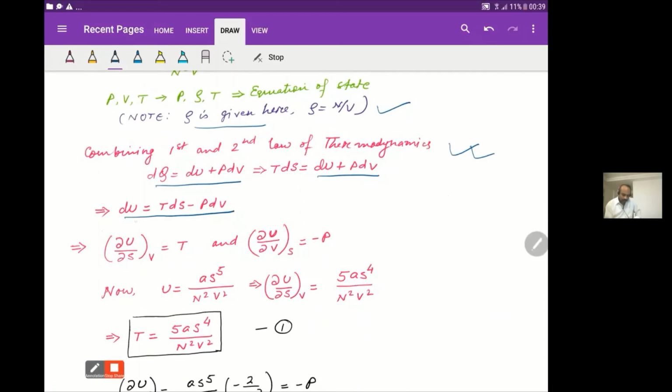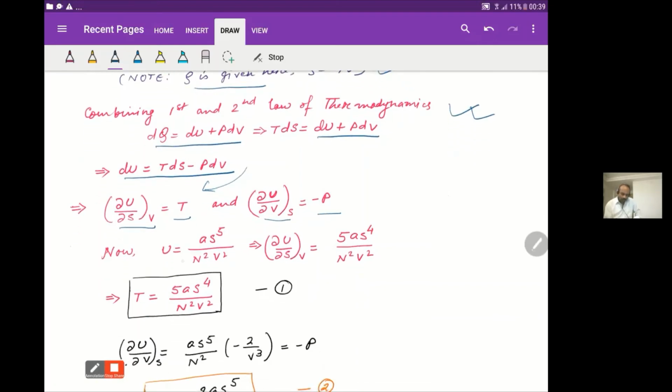Now taking the derivative of U with respect to S, keeping V constant, gives us T, and taking the derivative of U with respect to V, keeping S constant, gives us minus P. So now from the relation U equal to AS to the power 5 by N square V square, we can take del U by del S, keeping V constant.